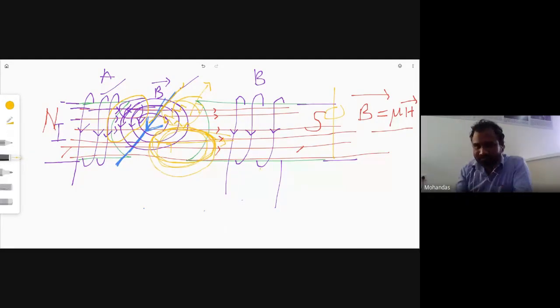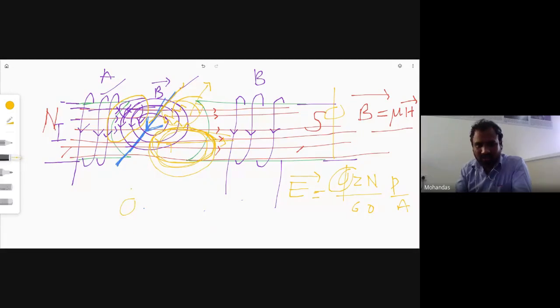Suppose you take the EMF equation of a DC machine. E equal to what? Induced EMF, phi Zn by 60 into P by A, right? Where phi is the magnetic flux. What is the phi in terms of B?